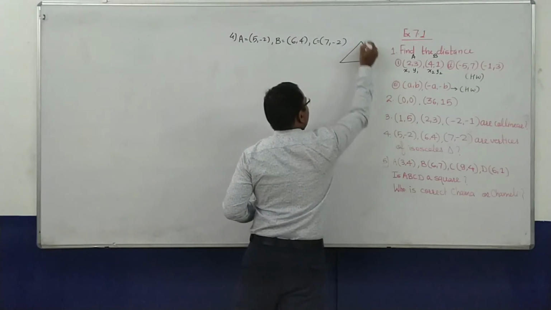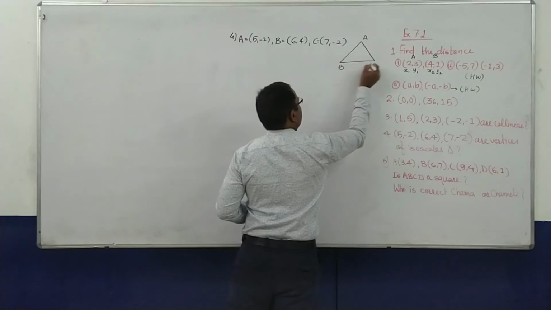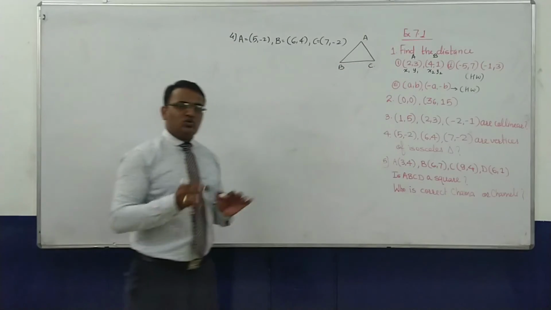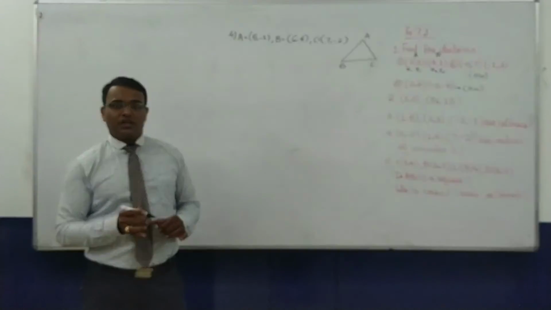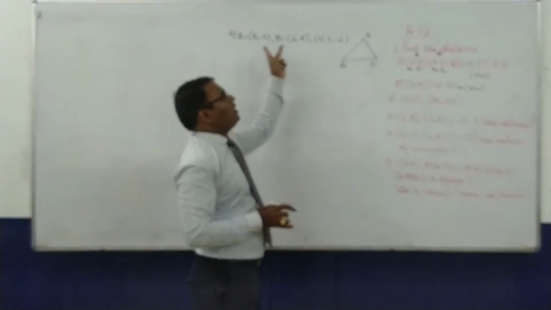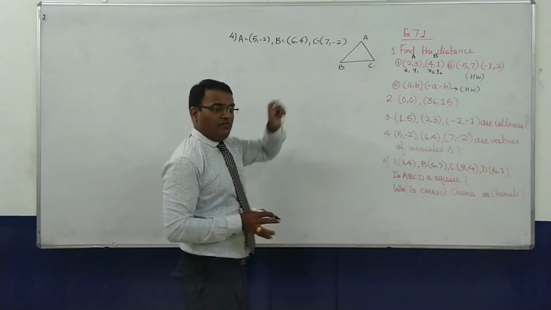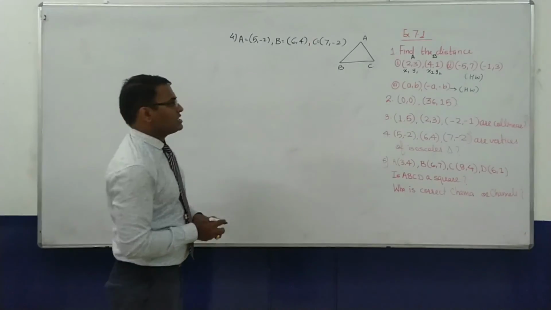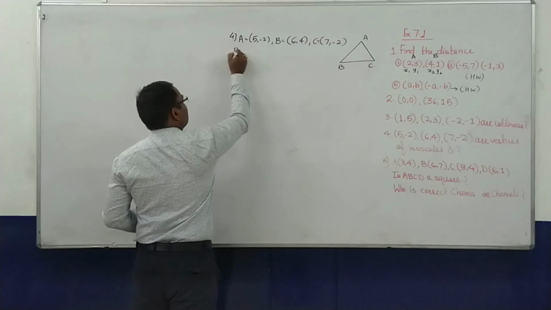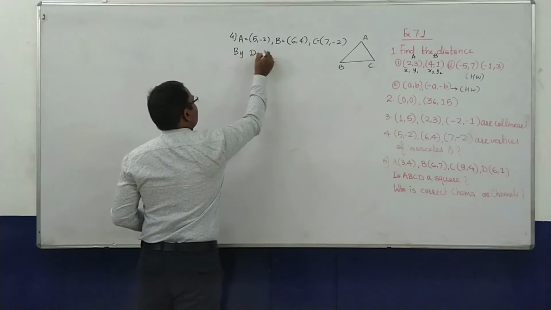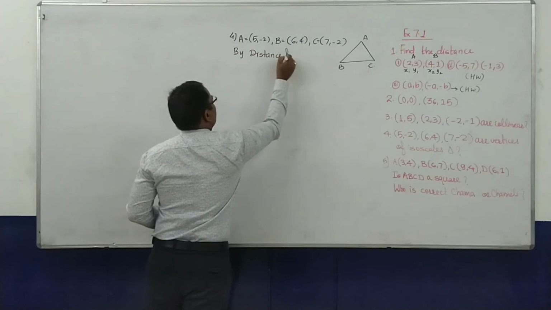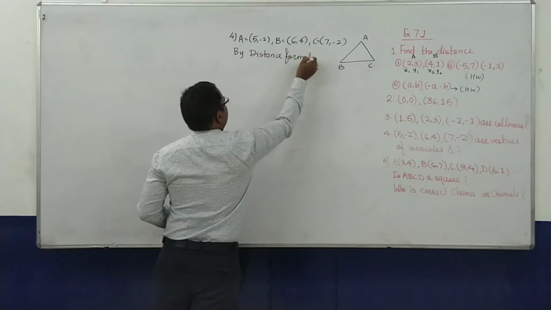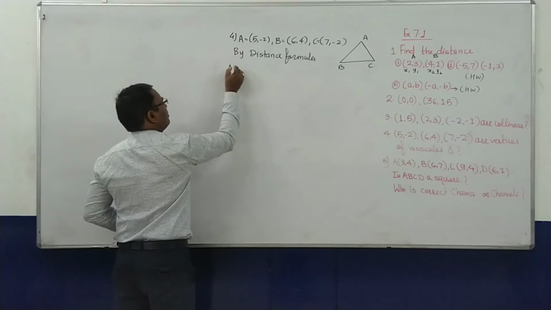Now suppose it is ABC. So any two of the sides need to be equal. Either AB or BC or AC will be equal with any two sides. So let's see. First we'll find out by distance formula.